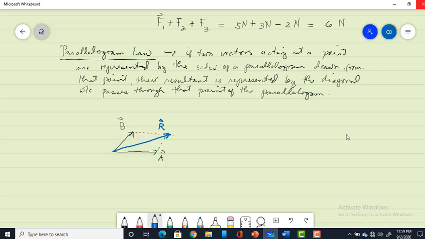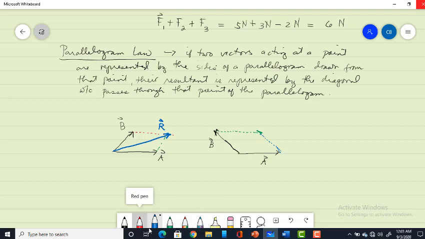Okay, another example. You have your vector A in this direction, and your vector B in this direction. So what's the parallel? The parallel of A should be drawn from the tip of B. This is your vector B, and this is the parallel of A, and this is also the parallel of B. So where the two intersect should be the head of your resultant vector.